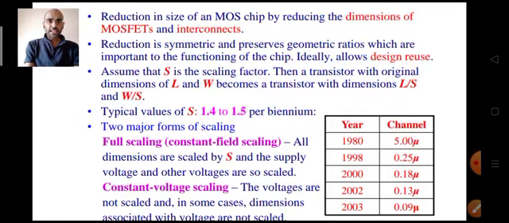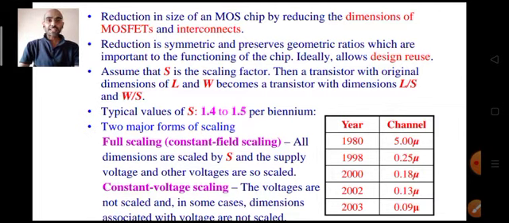Constant field scaling is when you keep the electric field constant in the device, and to keep that electric field constant, you reduce all the device dimensions accordingly.